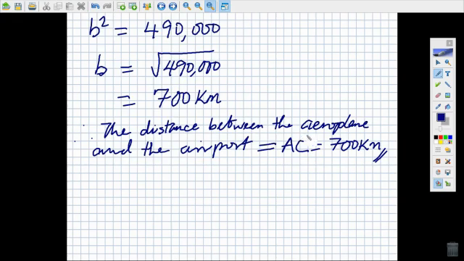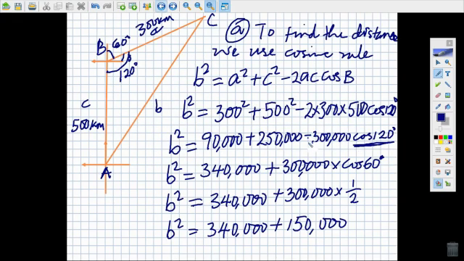Next, to find the bearing, we move back to the diagram. We are asked to find the bearing of the aeroplane. Aeroplane is at this point from the airport. Airport is at this point.